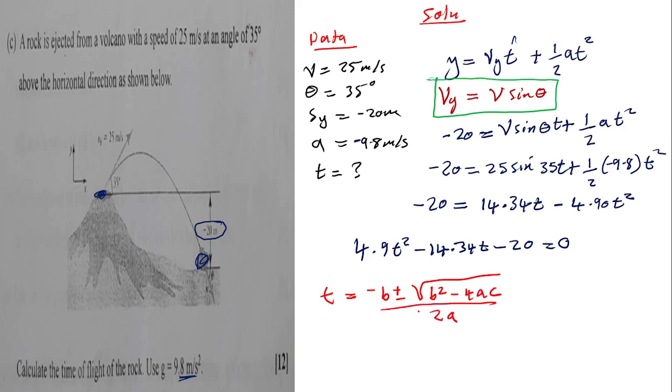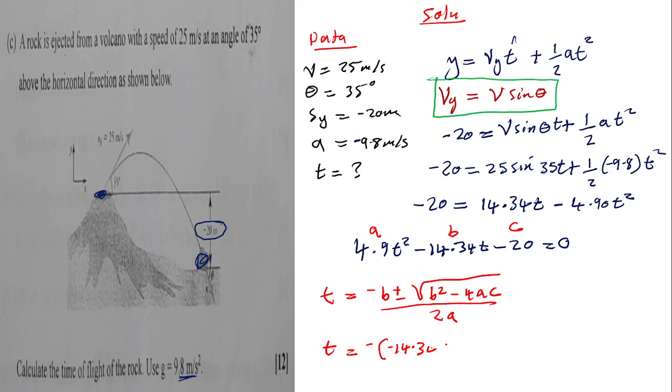So after you do that, you're going to identify a is this one, b is that one, and c is that one. So when you have such, what you are going to do is you're going to say t is simply equal to negative, open bracket, negative 14.34, and then close bracket, positive or negative.